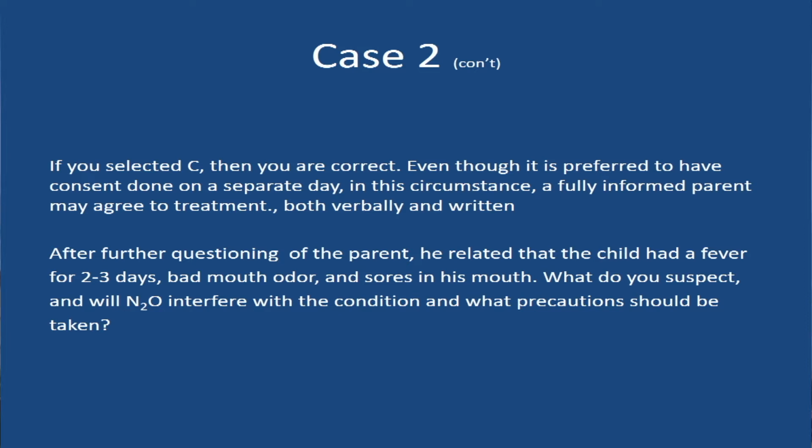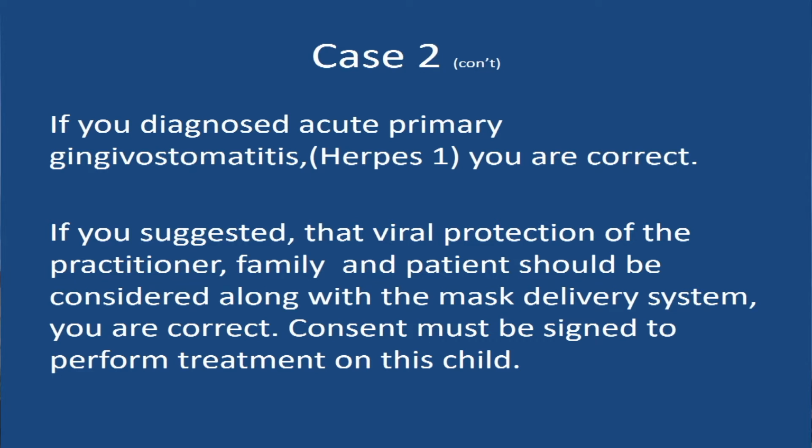If you diagnosed acute primary gingival stomatitis, herpes 1, you are correct. If you suggested that viral protection of the practitioner, family, and patient should be considered along with a mass delivery system, you are correct. Consent must be signed to perform treatment on the child.